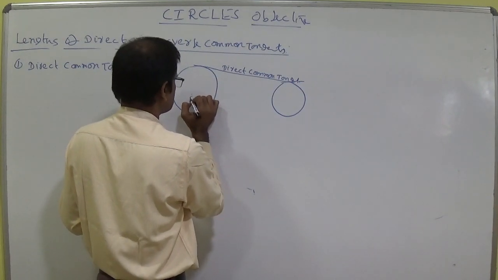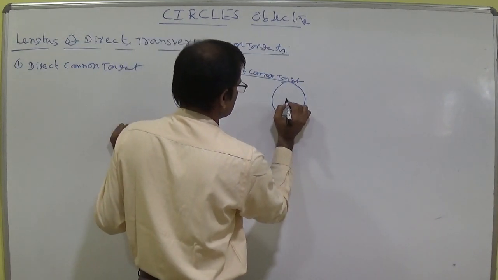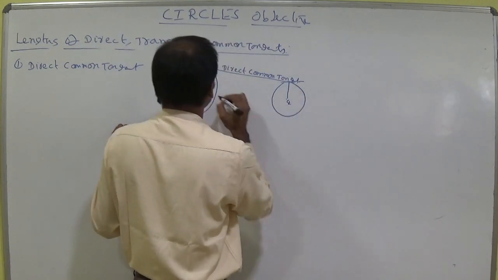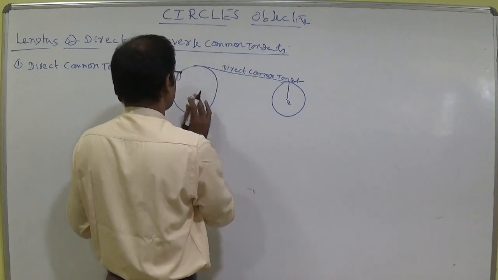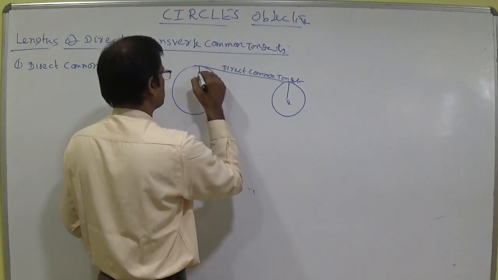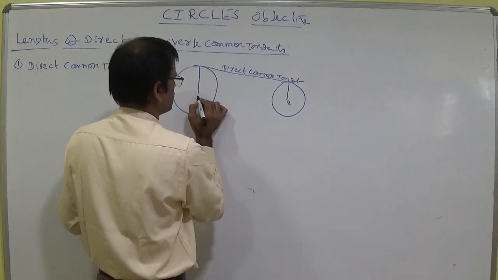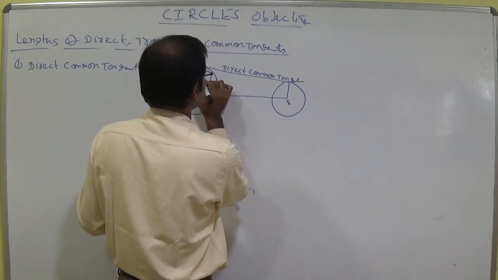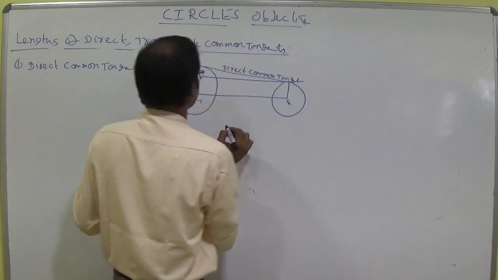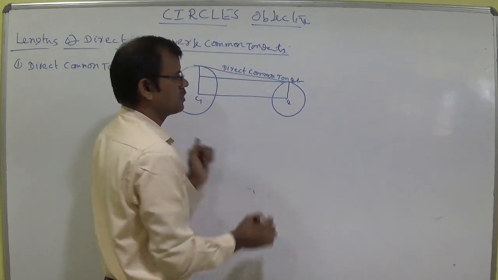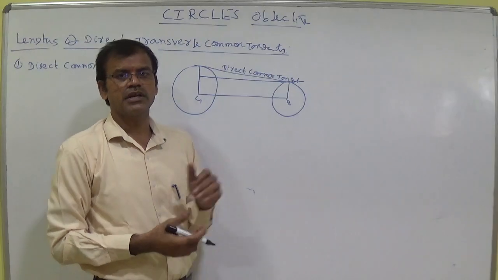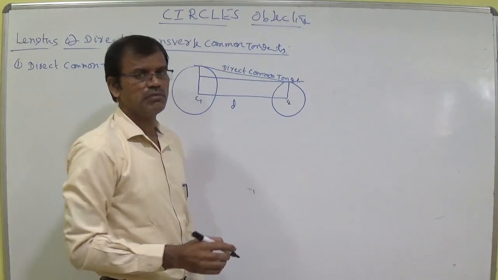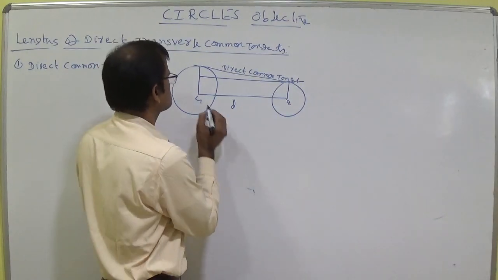Put here, this is C1. This is C2. Draw like this, it is better. We know that the line joining the centers C1, C2 can be indicated with the letter D. D means the distance of the line joining centers.